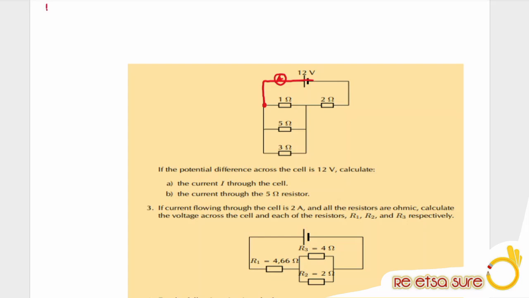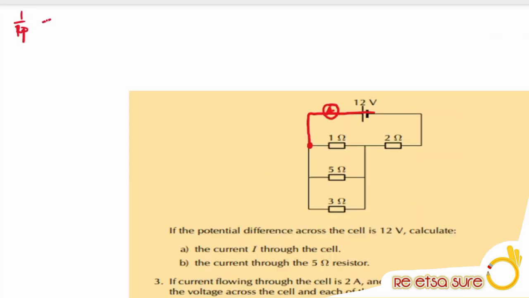So I will say 1 over Rp is equal to 1 over R1 plus 1 over R2 plus 1 over R3, and then 1 over 1 plus 1 over 5 plus 1 over 3.